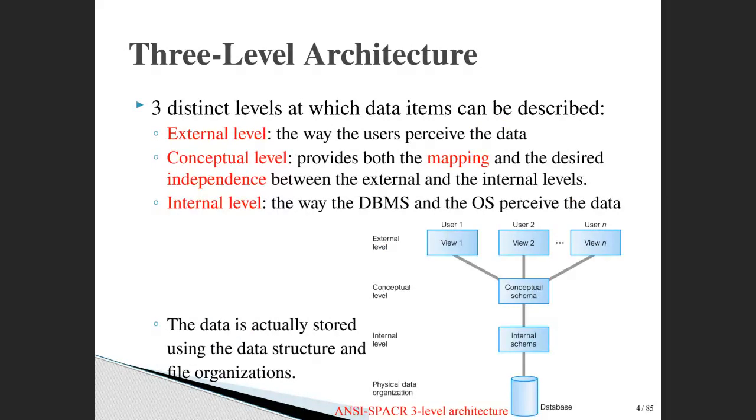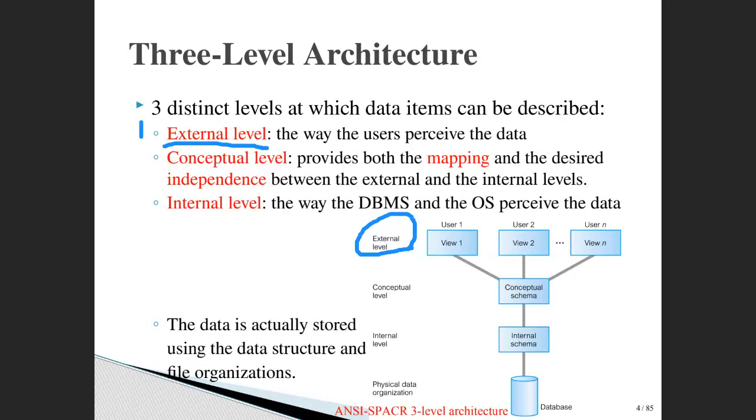So the 3 levels can be described as follows. The external level, this is number 1, which is the user view level. All right, this is the external level. If you can see this figure, it illustrates how the levels are represented in the database system.